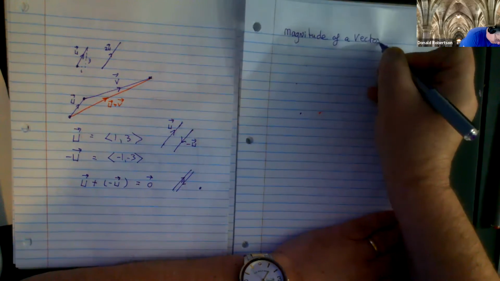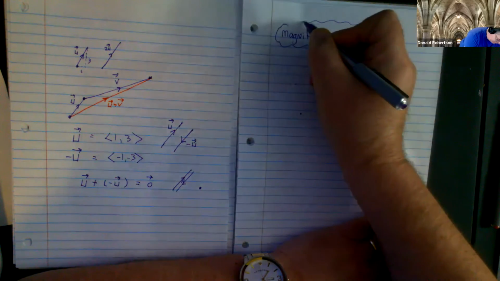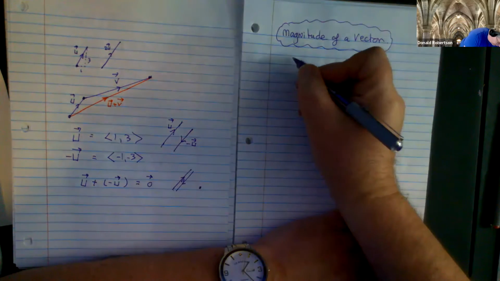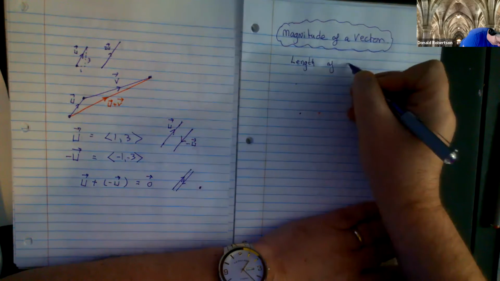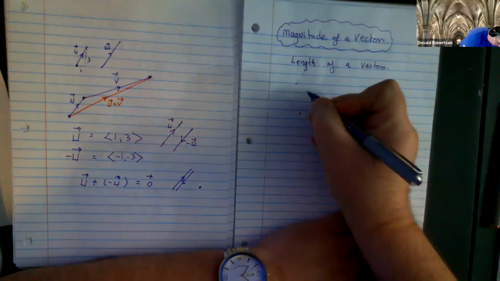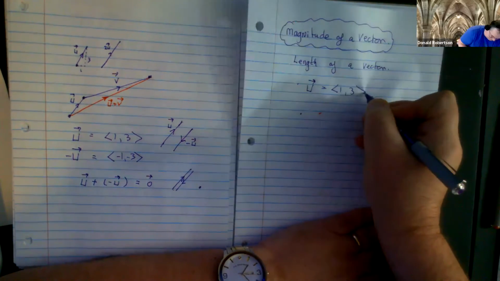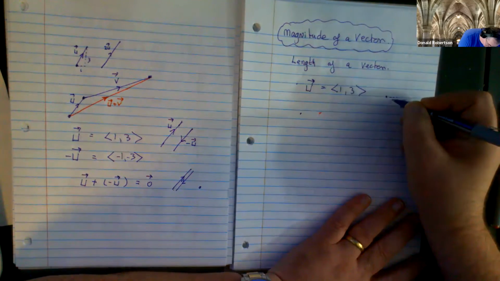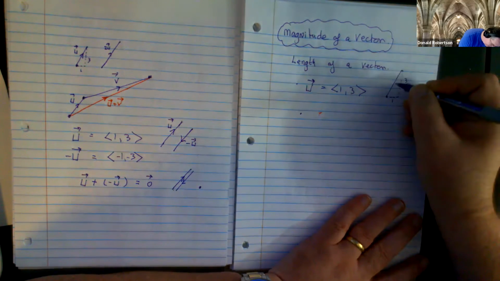We're going to find what is called the magnitude of a vector. A magnitude of a vector is really another name for the length of a vector. So here's my vector I've been using a lot today. Now, if I drew it, it would start somewhere. Wouldn't you go 1 box to the right, 1, 2, 3 boxes up, and there we go.